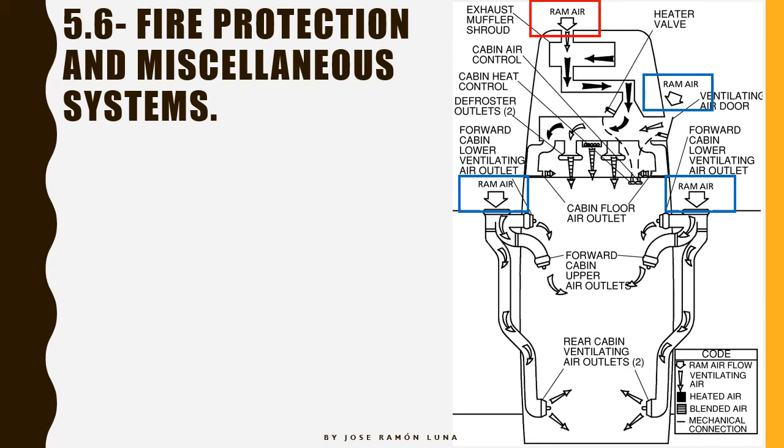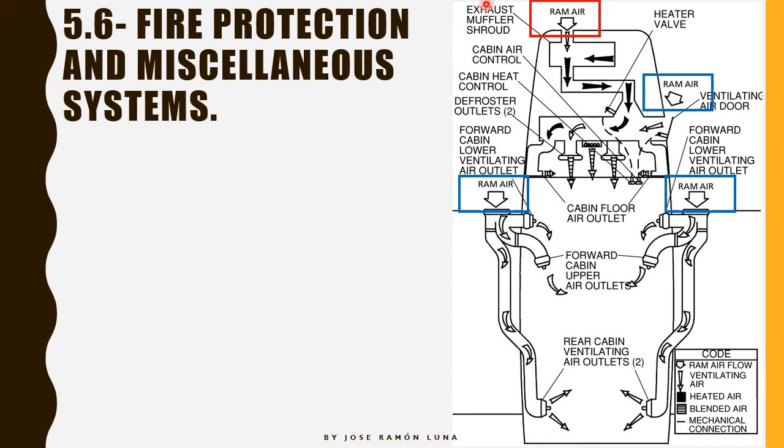That ram air is going to go through a different mixer, so that air is going to be hot. That air is going to mix with the exhaust muffler shroud. You might remember from previous lessons we talked about the exhaust air being used to heat the carburetor heat and also heat the air that was warming the cabin.